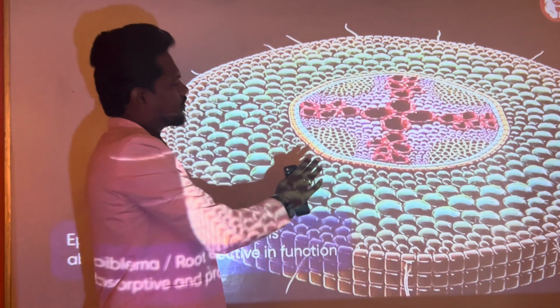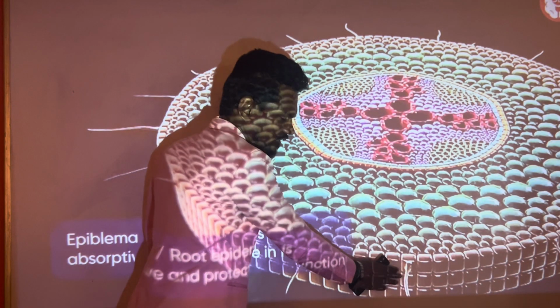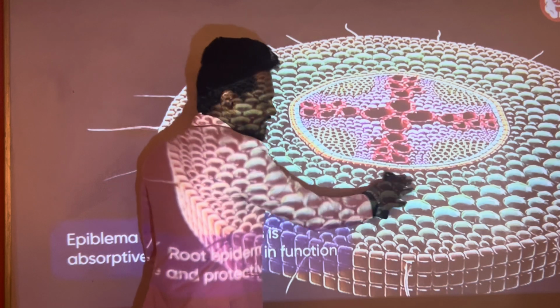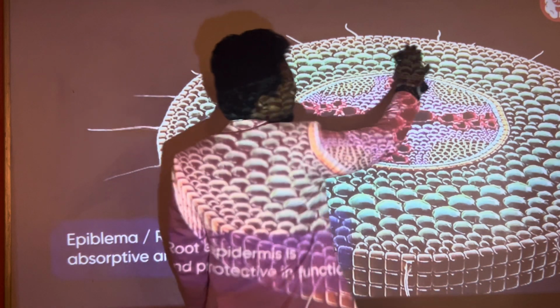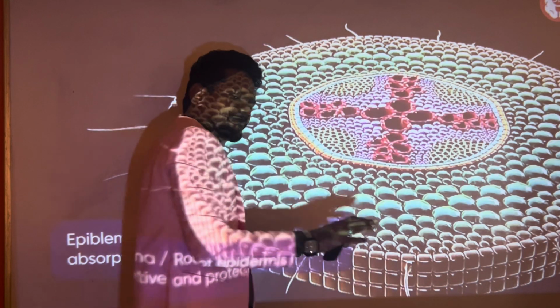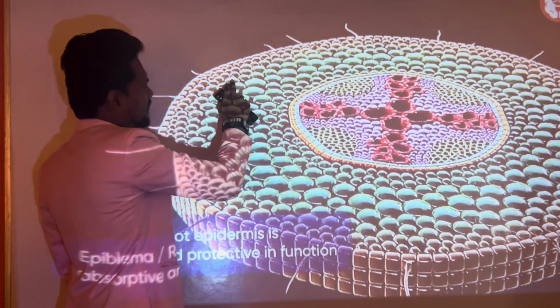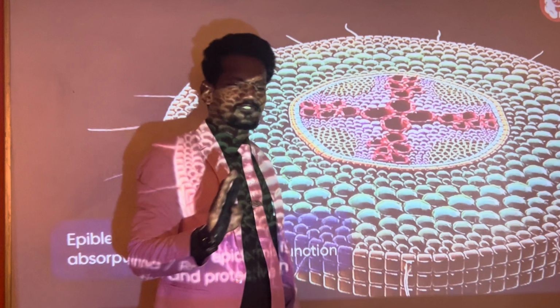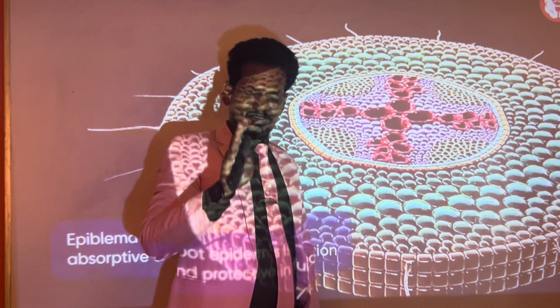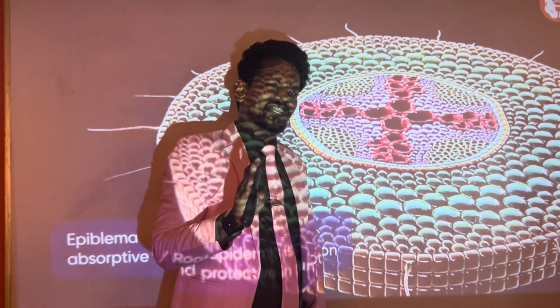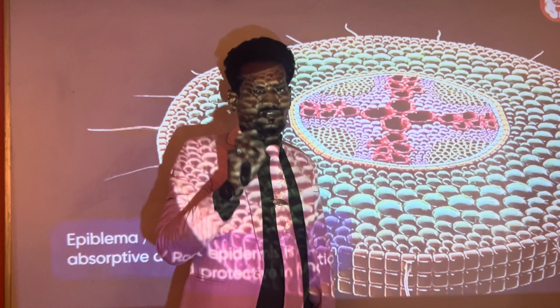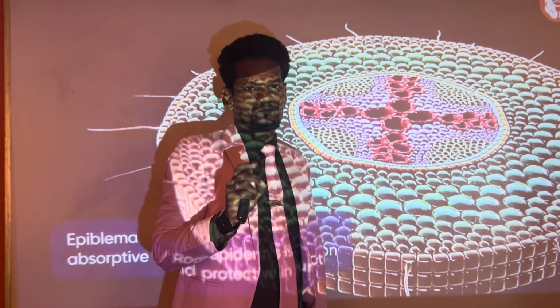The tissue distributed between the epidermis and the stelar region is known as cortex. Here the cortex has three subparts. Exactly below the epidermis are 2 to 3 layers of cells containing the material suberin.